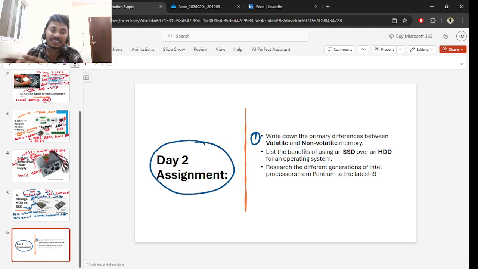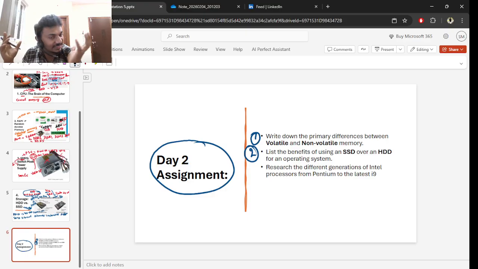The second one is to list the benefits of using an SSD over an HDD for an operating system. This SSD makes the booting process much faster compared to a normal HDD.